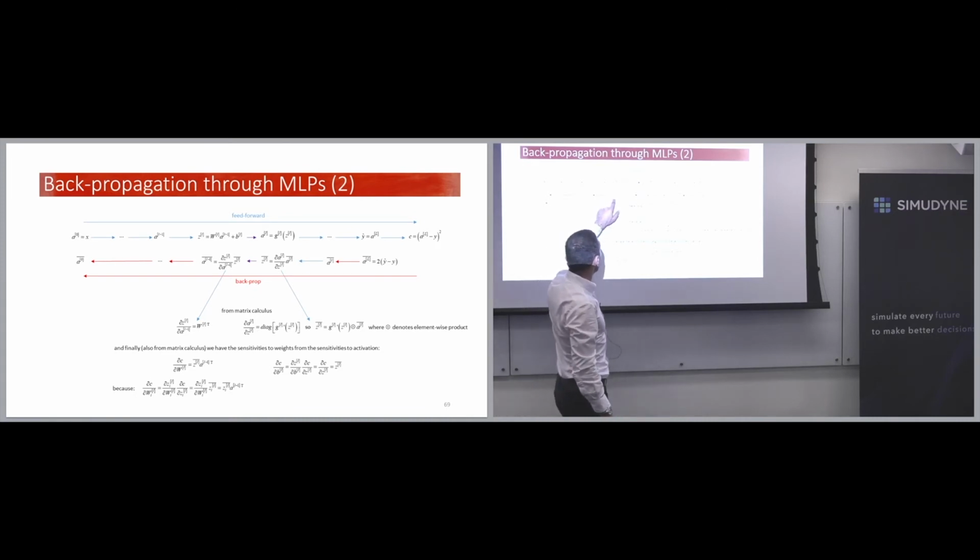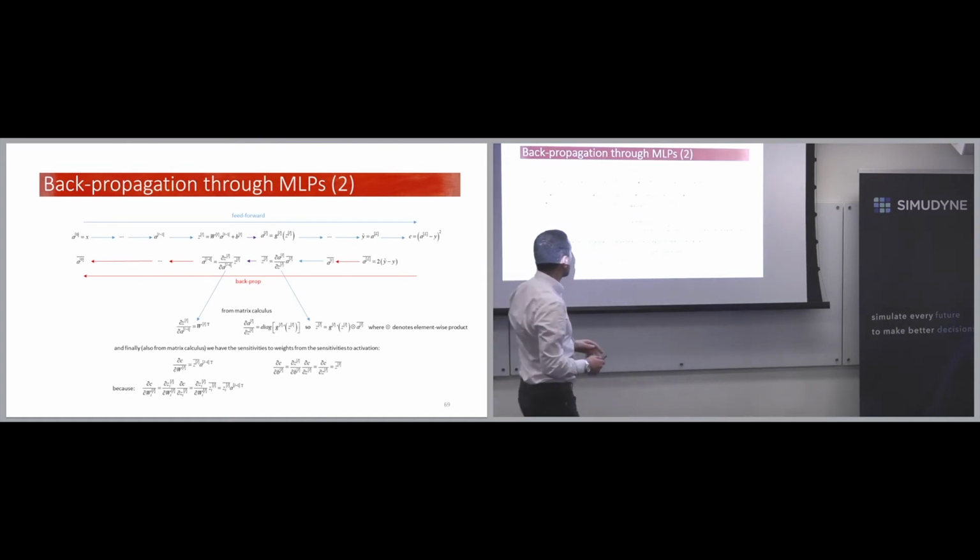And we know from the chain rule that the adjoint of A(L minus 1) will be equal to dZL over dA(L minus 1) times the adjoint of ZL. And this is the derivative of a linear combination with respect to what it is that you're combining, and that will be, as we have seen, this matrix of weights transposed.